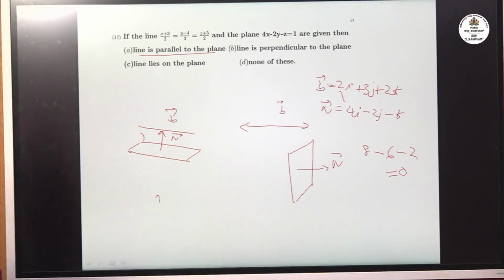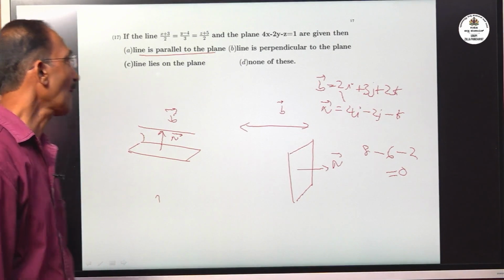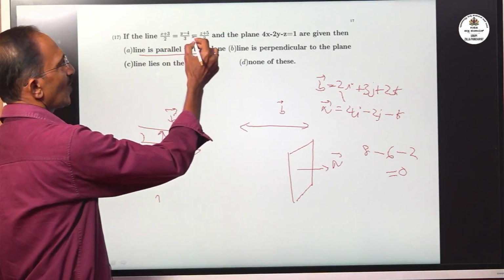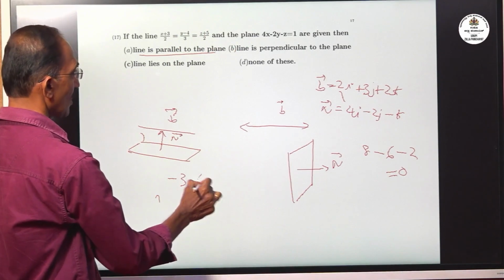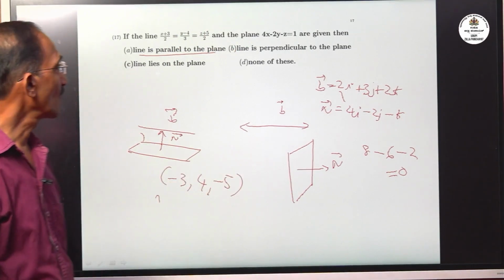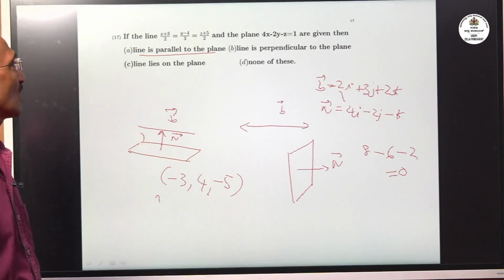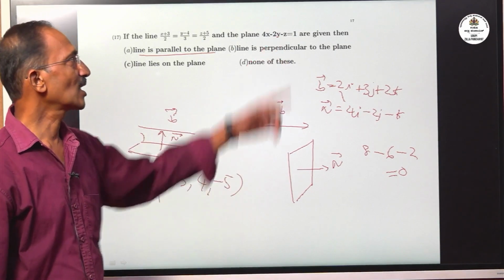So here is another option, the line lies on the plane. The point (-3, 4, -5) is on the line. If the line lies on the plane, this point must satisfy the equation of the plane.